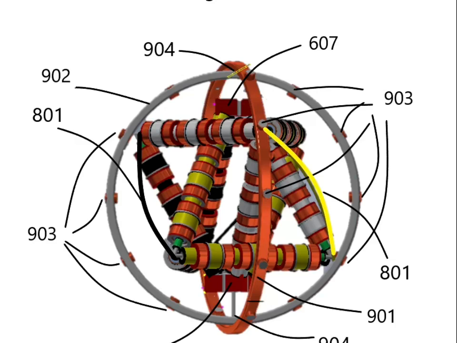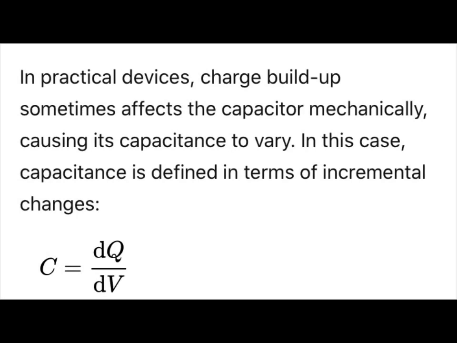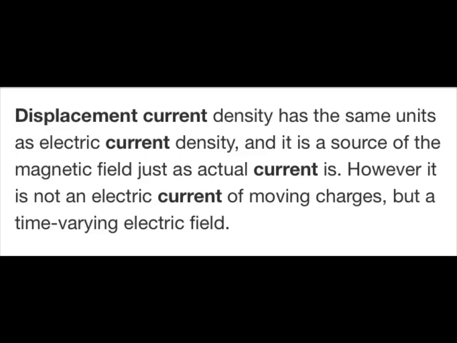So this concept is really important to understand in the design of the device, in that capacitors vary their energy in time, meaning that they need to recharge and then they discharge and recharge and discharge, and this time is their time varying. Displacement current is an electric field that exists as a time varying field, meaning that it shows up between the plates and it doesn't, and it shows up and it doesn't.